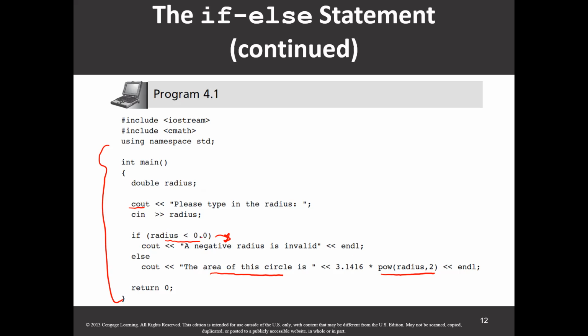Else, if the radius is above this value, which is 0, I'm just going to go ahead and print it for the user. Of course, you can declare a variable to store the value of the area. If you don't want to, you can just go ahead and print it like this.